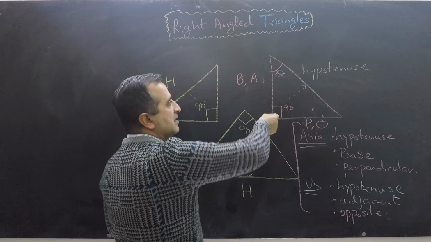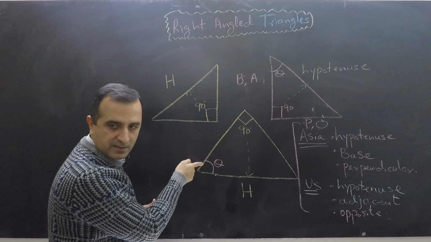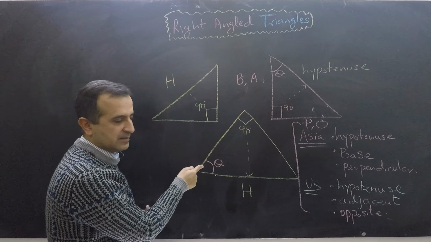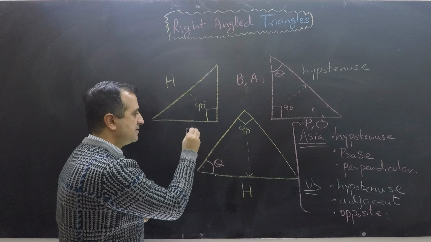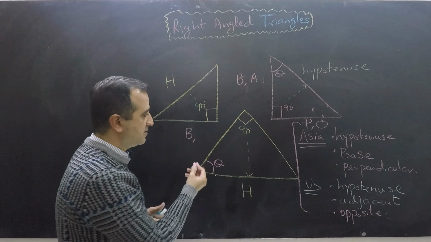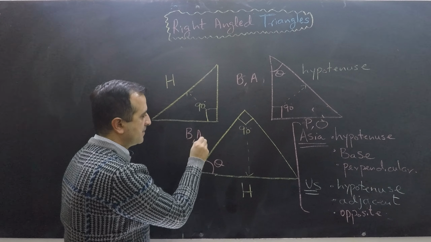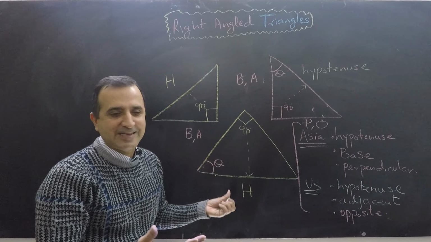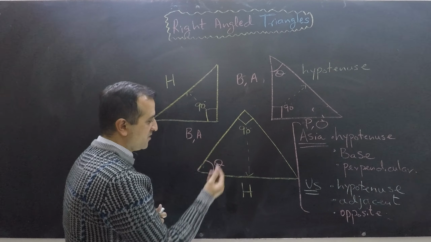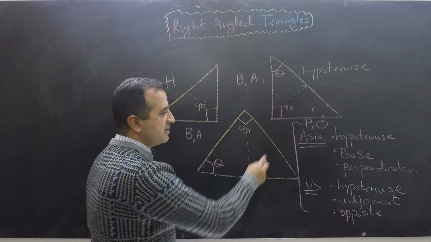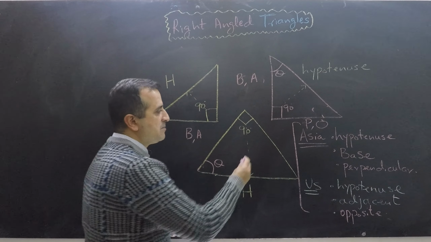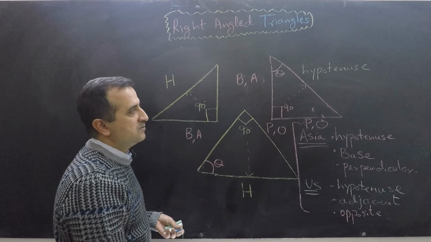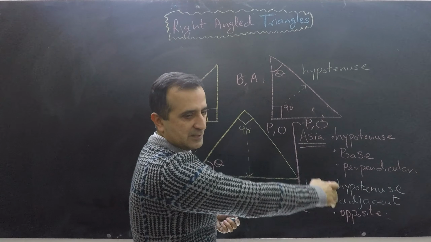So which side will be your base? This line, right? This will be our base or adjacent side. Can you just say base? Adjacent is kind of hard. Yeah, but some people like adjacent better. So this is base or adjacent, and this side will be perpendicular or opposite. Makes sense because this is opposite to theta. Opposite is usually easy to find. You can say opposite is opposite of theta.